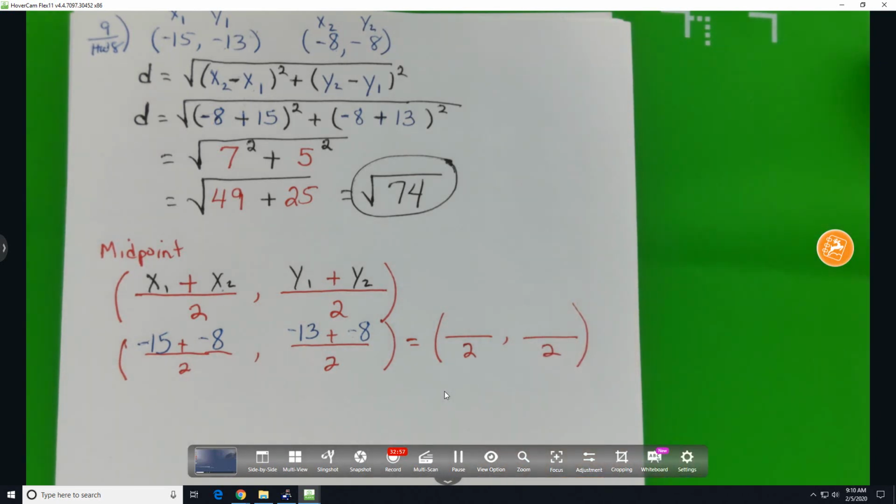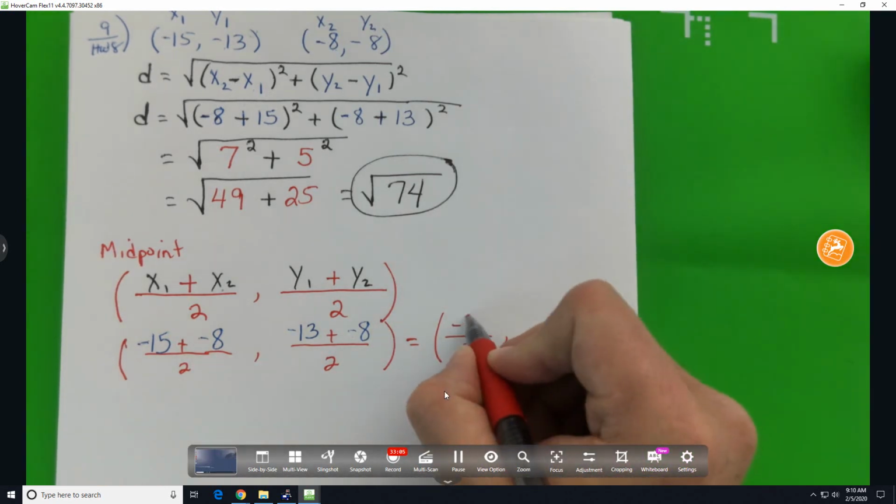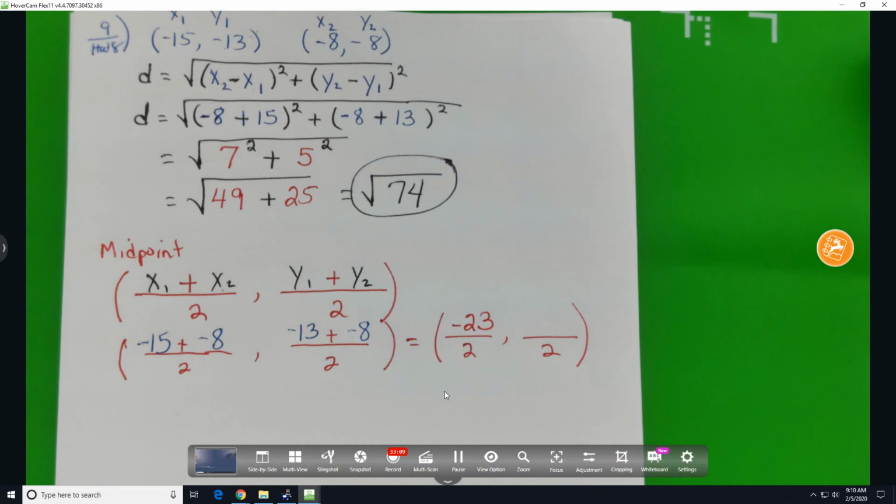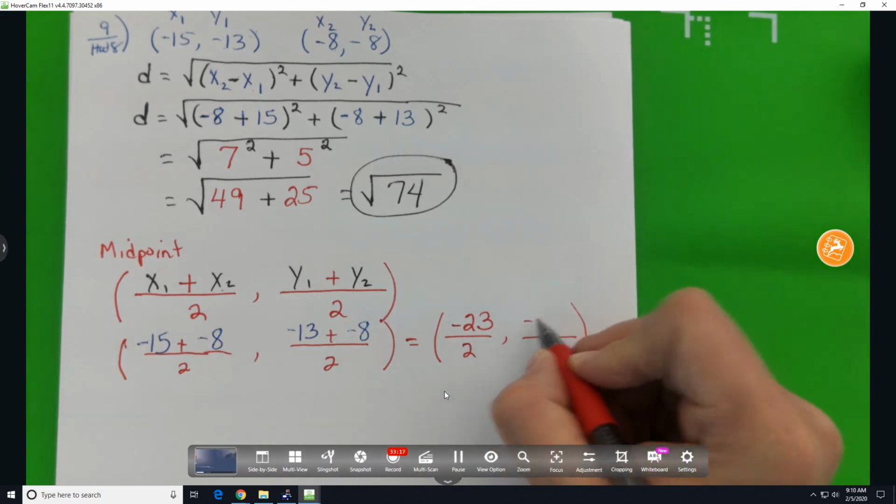Caught up with me? Negative 15 plus negative 8 is a negative 23. And we can't reduce that fraction, the negative 23 over 2. What about the negative 13 plus negative 8? Negative 21.